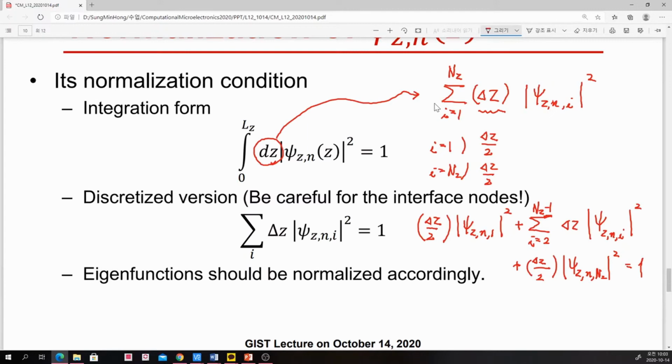That will be the most correct expression for our integration.